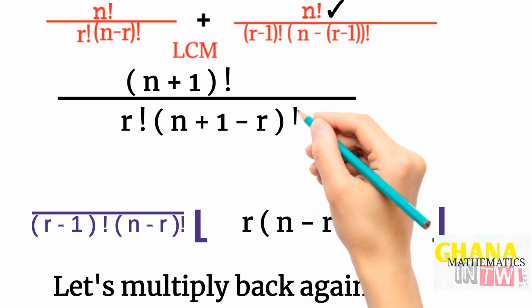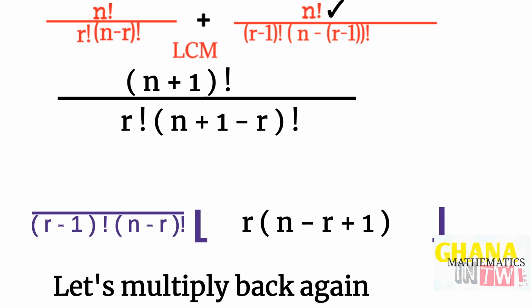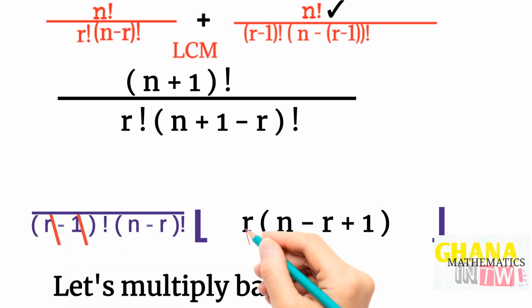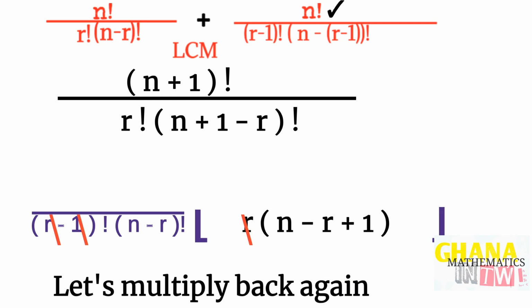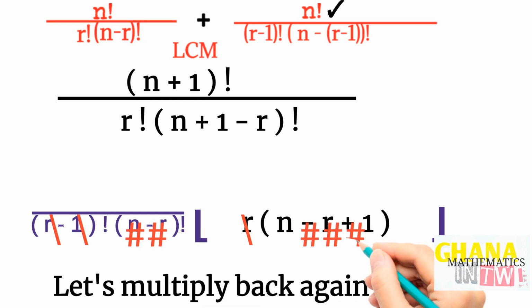Now we multiply the r minus 1 factorial by the whole thing in that bracket. Don't forget that r minus 1 factorial we know, and we will call it r factorial. Why? R factorial breaks into r times r minus 1 factorial. And n minus r factorial becomes n plus 1 minus r factorial.